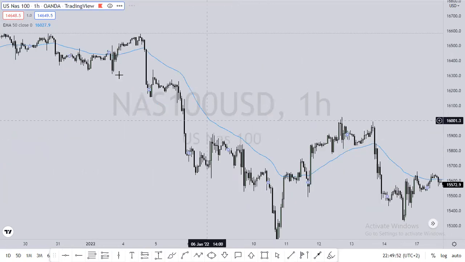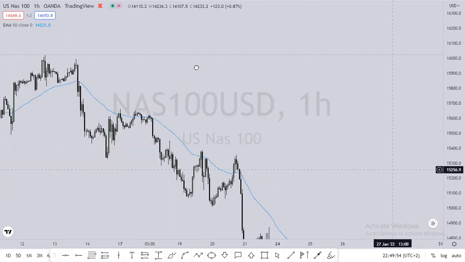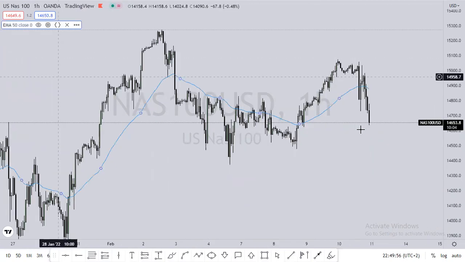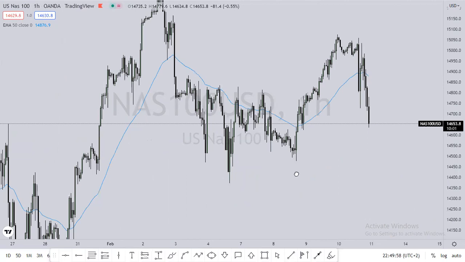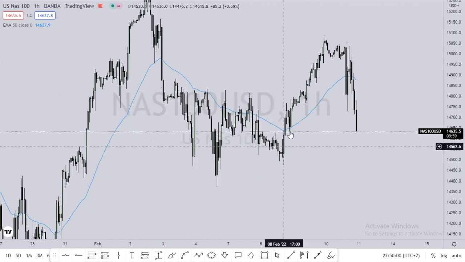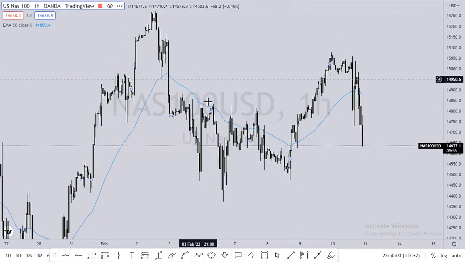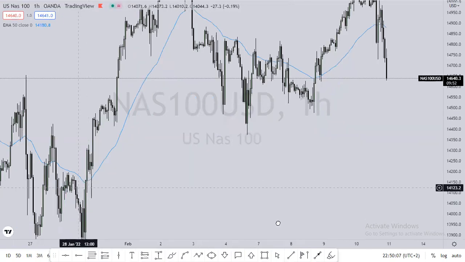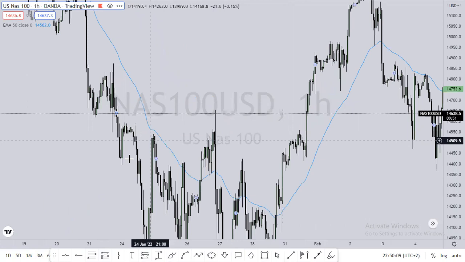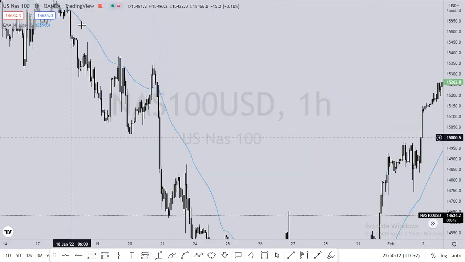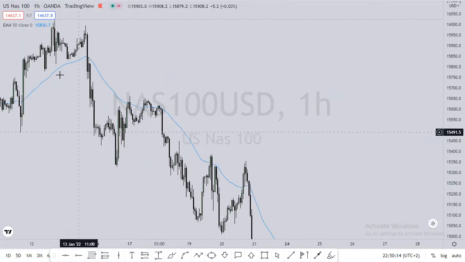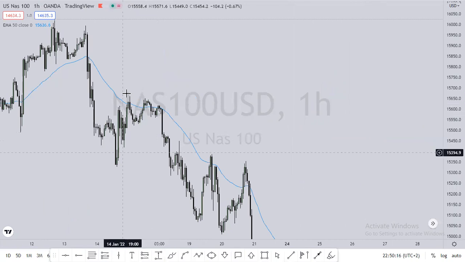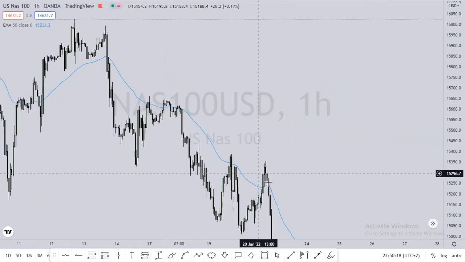Okay, let's just go back and see how many times that strategy did work and how many times it didn't. So this one worked, 2 worked, 3 worked, 4 worked, 5. Okay, this doesn't count.